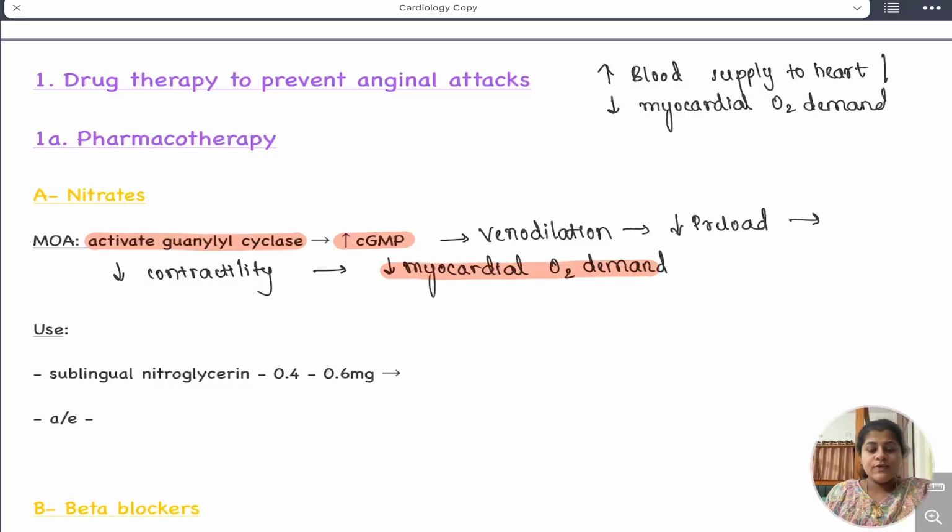Now, what is the use? These are just like short-acting bronchodilators in asthma.